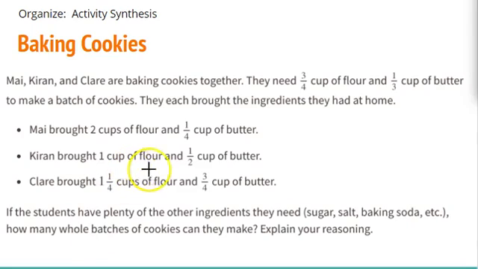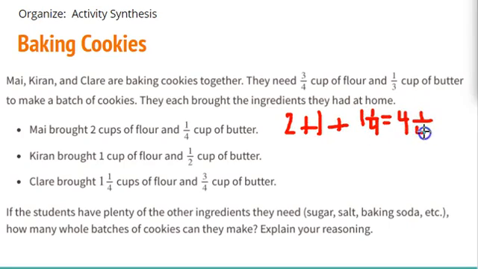Okay, so what you should have done was add all this stuff together. So we had the 2 cups of flour, the 1 cup of flour, and the 1 1/4 cup of flour. That gave us a total of 4 1/4 cups flour. And this is for the flour.